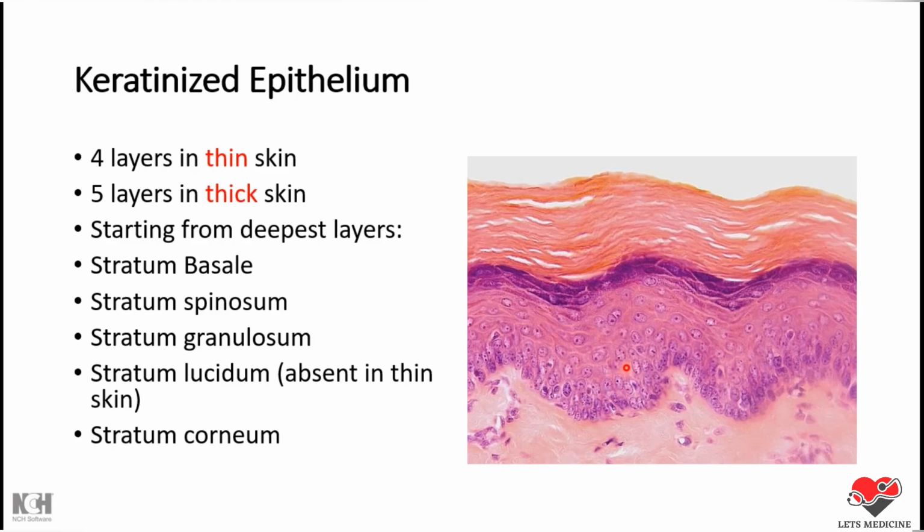Then as they move forward, pass through the stratum spinosum, and finally when they reach the stratum granulosum, they are able to synthesize complete mature keratin. And the stratum lucidum is in fact completely filled with keratin, so that you cannot distinguish the cell boundaries or the nuclear structures. And then finally in the stratum corneum you have just the layers of dead squamous cells full of keratin, and the cells are quite anuclear.